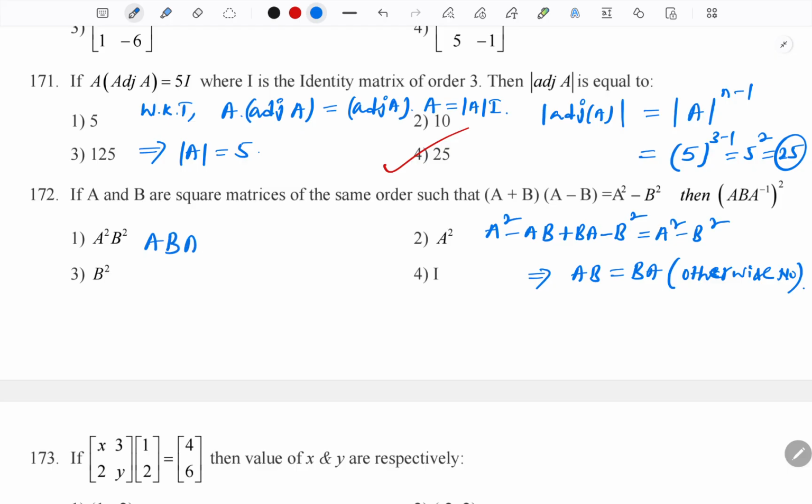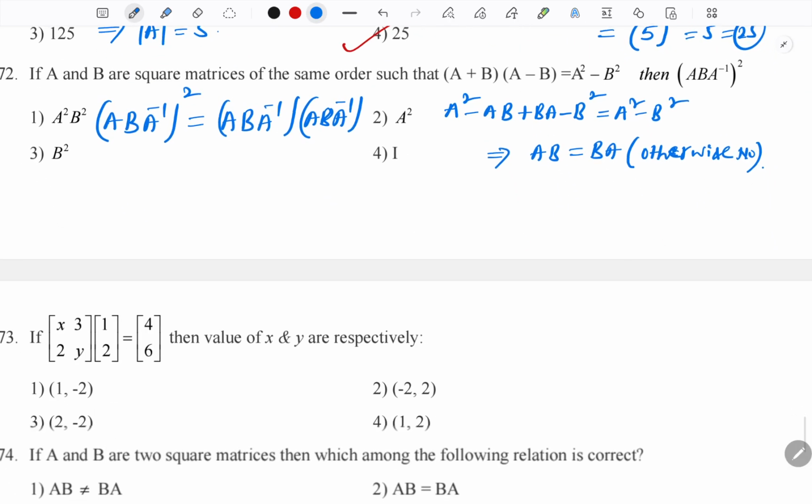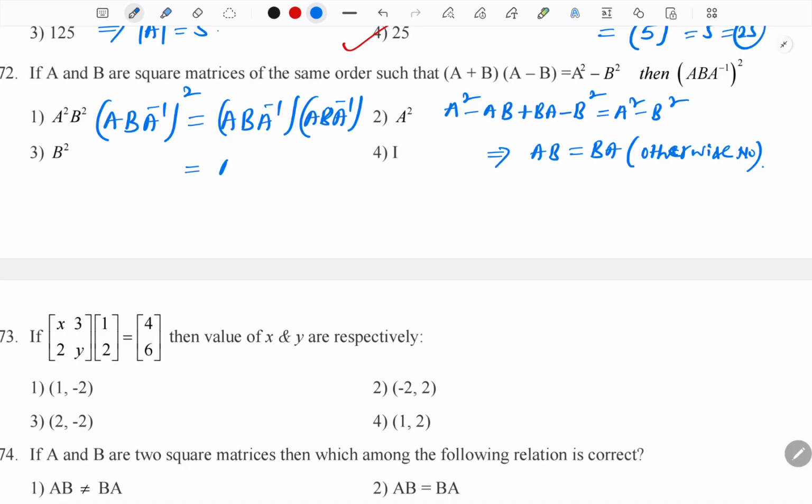Take that one, (AB A inverse) whole square equal to, okay, what is this? It is nothing but AB A inverse into AB A inverse, right? Yes or no? Now expand this one. If I remove the brackets, what will we get? AB A inverse A B A inverse.